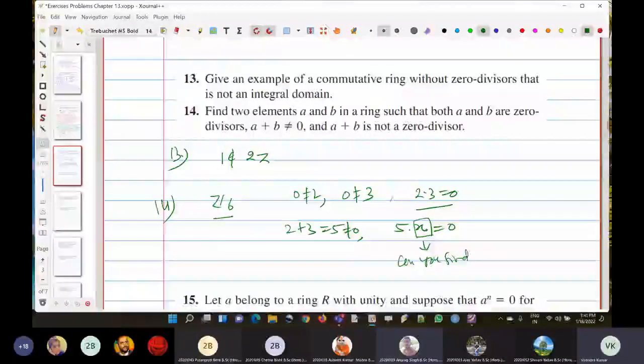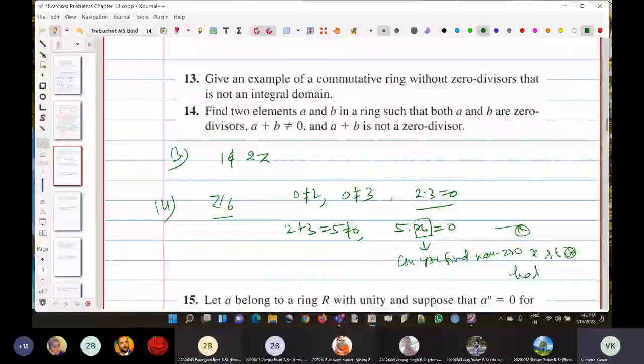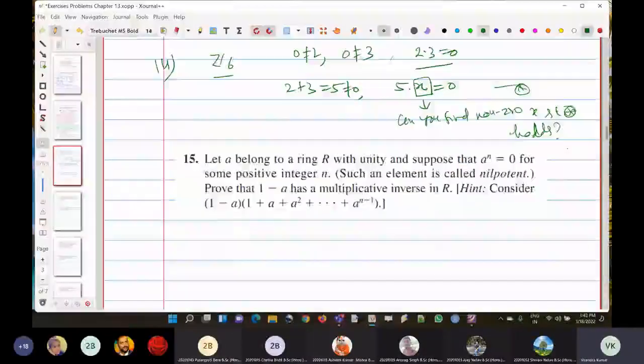Can you find non-zero x such that this is star? No, so that's why this is not a zero divisor.